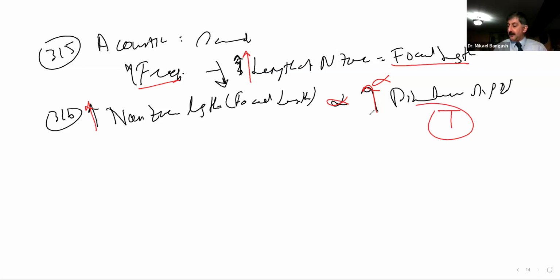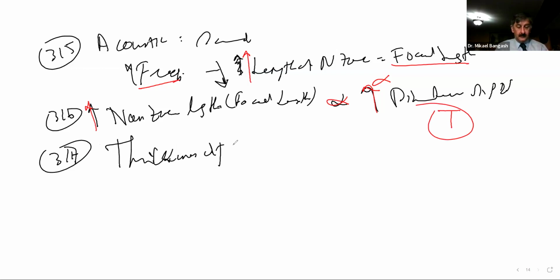We are at 317. Now, the thicker the continuous wave transducer's piezoelectrical material or crystal is, the longer is the near zone. Thickness of PCT, is that directly proportional to the length of near zone?